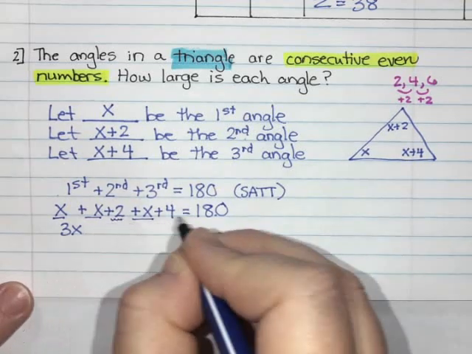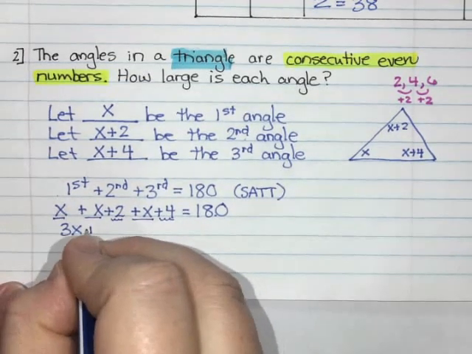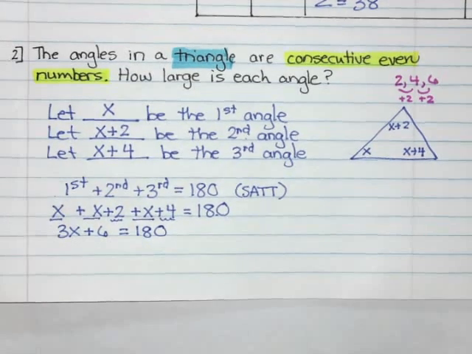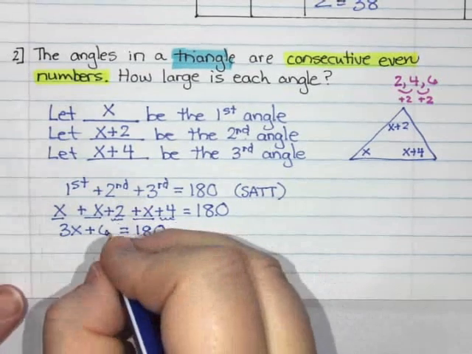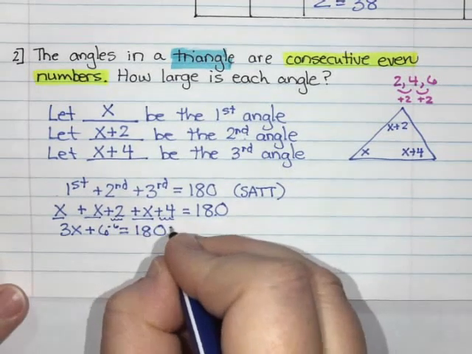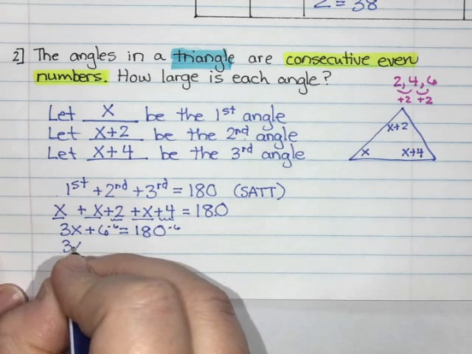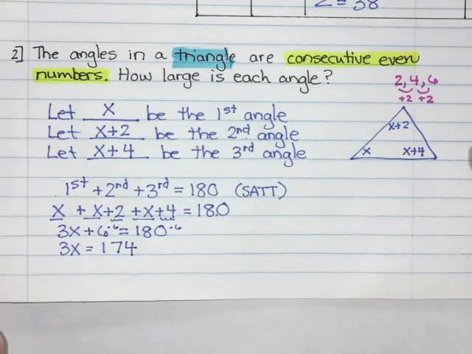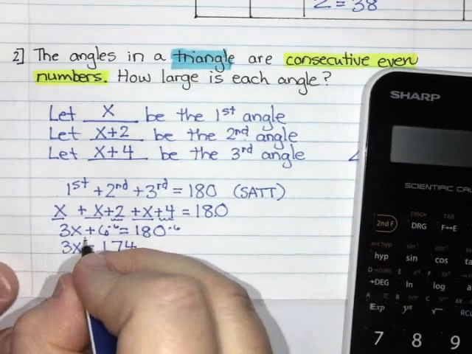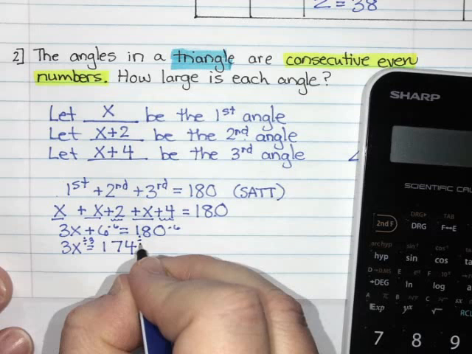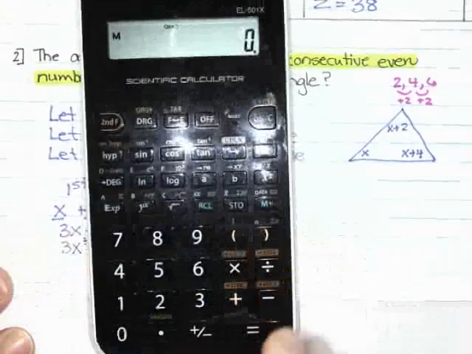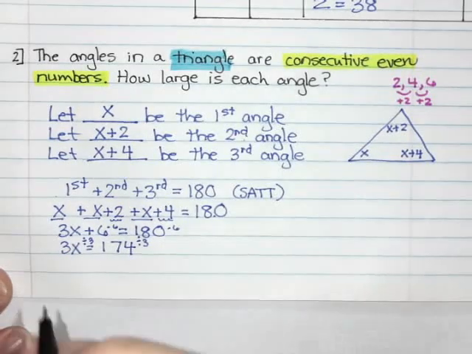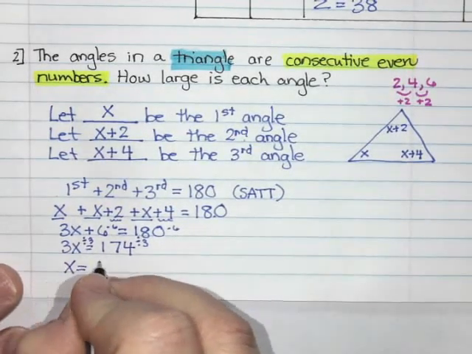I have 2 plus 4, which is 6. And that equals 180. I'm going to subtract 6 to try to solve. So I get 3x equals 174. And then I'm going to divide by 3. 174 divided by 3 is 58. So x is 58.